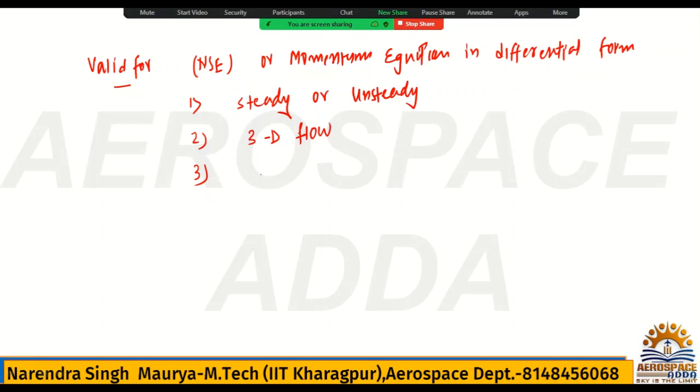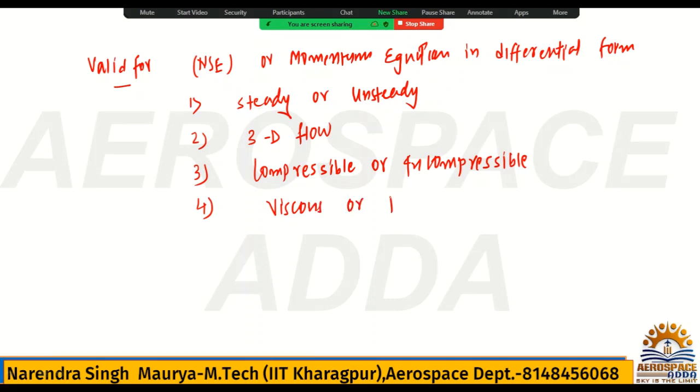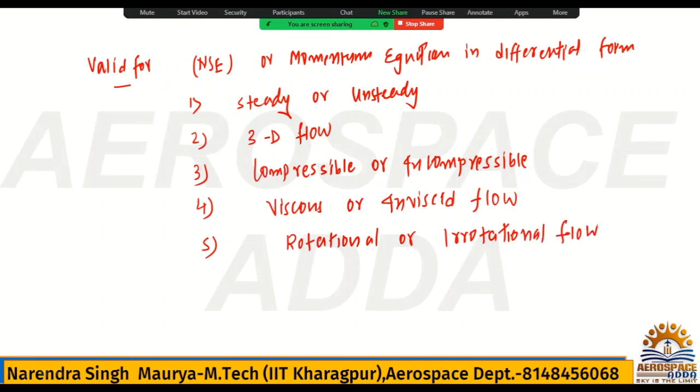Then it is valid for compressible or incompressible, valid for viscous or inviscid flow, valid for rotational or irrotational flow.